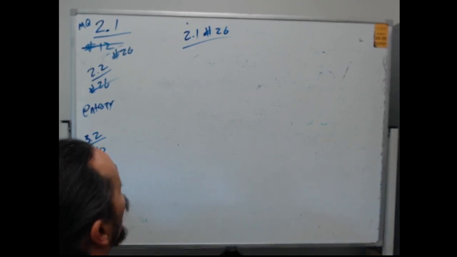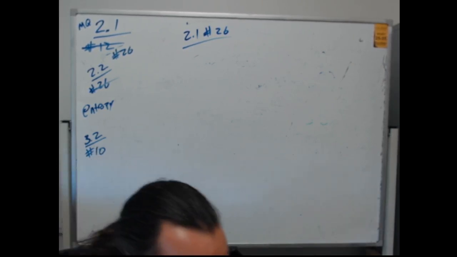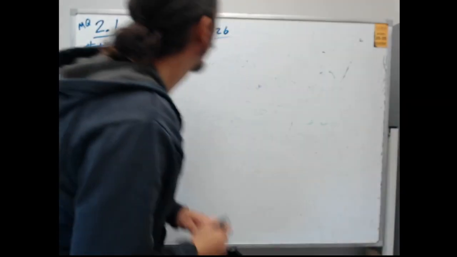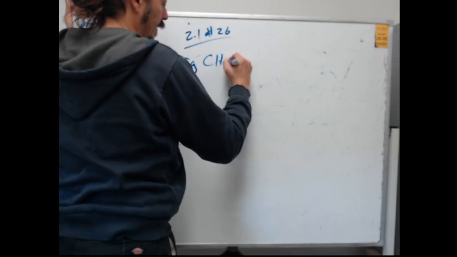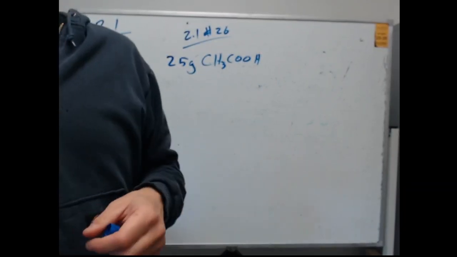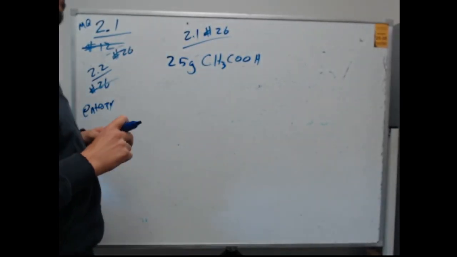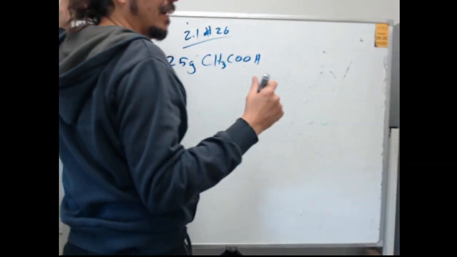We're back at it. 2.1, number 26. Can I get someone to read that? Or did you want to do that one? Yeah. So it says when 25 grams of CH3COOH, that's methane, right? Acetic acid. Oh, acetic acid, my bad. Okay. So 25 grams of acetic acid is combusted in a sealed calorimeter, sorry.